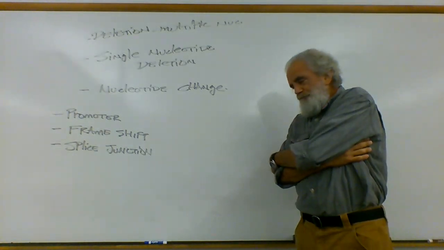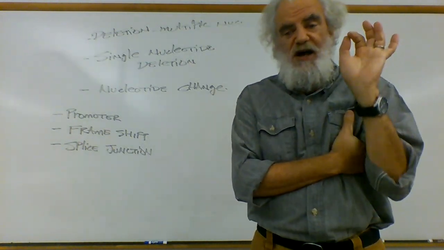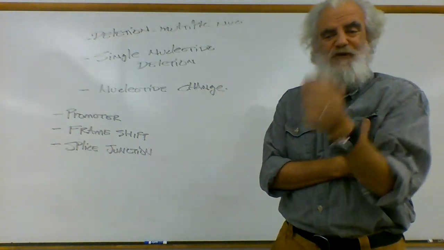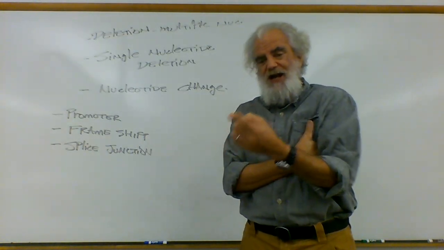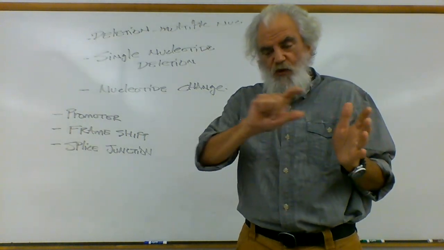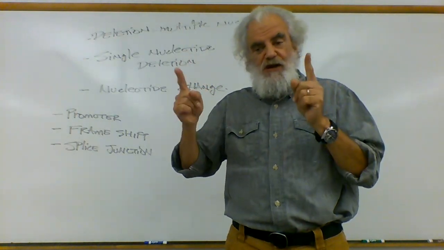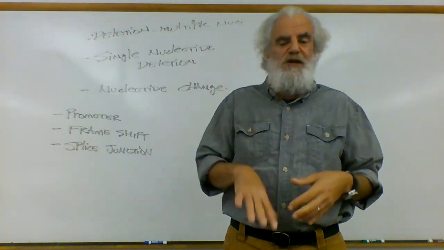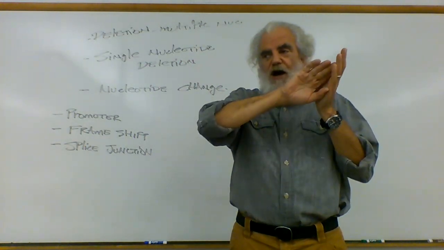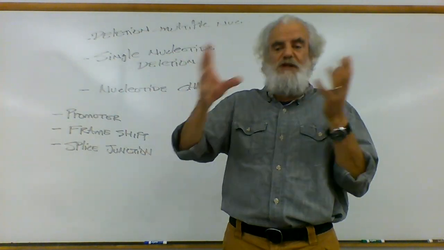Now, much more common is the kinds of mutations in which we have single nucleotide deletion, in which we can generate a frame shift. So a single nucleotide mutation within the open reading frame, that is, within the portion of the RNA that is actually being translated, is always going to be a bad deal, because when you frame shift, the amino acids after that frame shift are going to be completely different than what they should be.